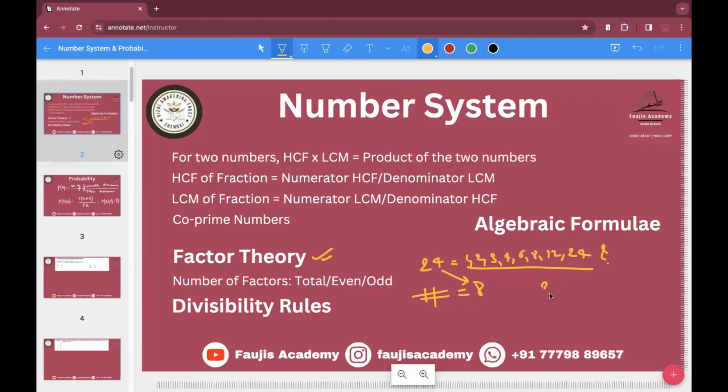In order to find out how many factors 300 will have, we don't have to write 1, 2, 3, 4, 5, 6, 7, 8, 9, up till 300. How much time do you think it will take? Eternity. Do we have that much? No. We have to spend time with the girlfriends as well.